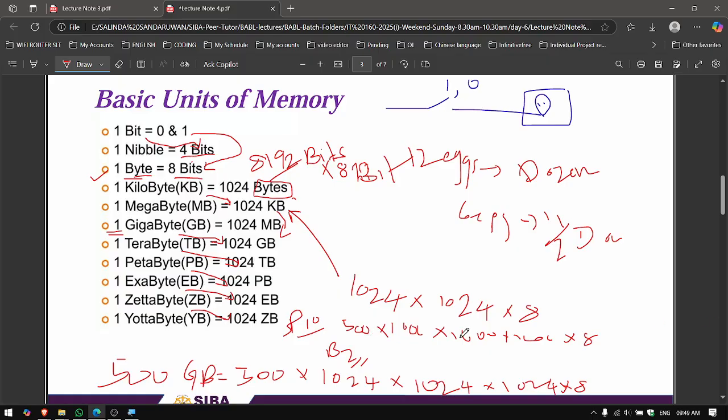So we can say it easily like this: 5 multiplied by how many zeros? 2, then 3, 3, 3, 3, so 11 in total. So we can write it as 5 multiplied by 8 multiplied by 10 to the power 11, right?